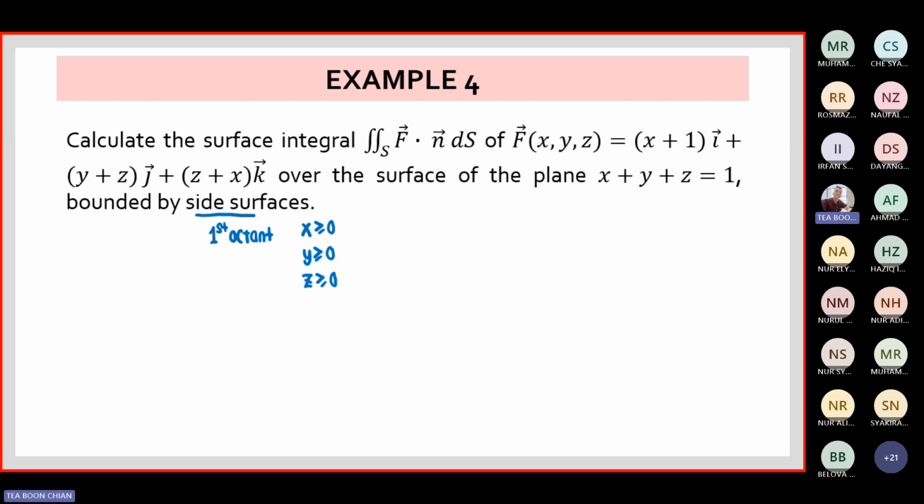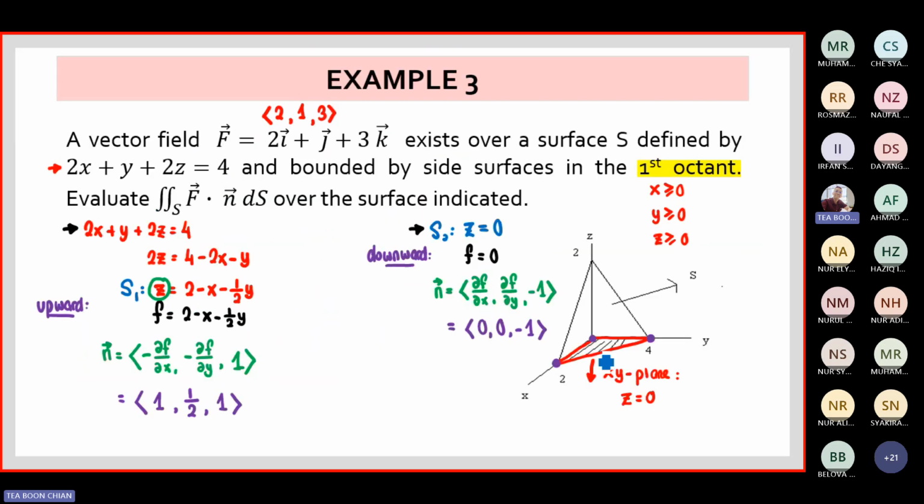If you don't catch my meaning, again, let me flip back to example 3. Example 3 says that I have a shaded region here. This shaded region is xy plane, z equals to 0. That's why I have to make sure my S1 also following variable z, just to match with the xy plane.